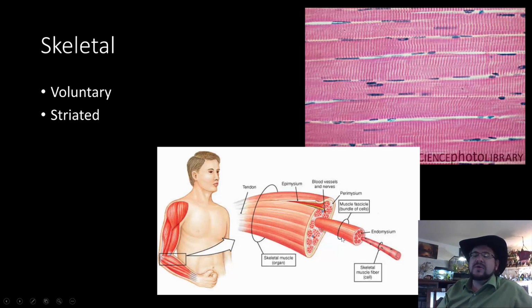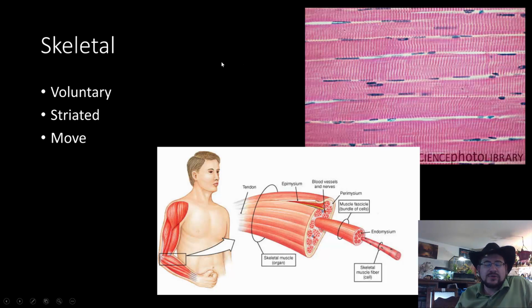So then we bundle these together into this bundle, and then we have a whole bunch of these bundles together wrapped around by a layer of connective tissue, protecting the bundles and holding the shape of the bundles. And this makes up the whole actual muscle. So a muscle is not just a whole bunch of muscle fibers. It's bundles of muscle fibers, with connective tissue holding it together, and then bundles of bundles all wrapped up. So that is skeletal muscle.